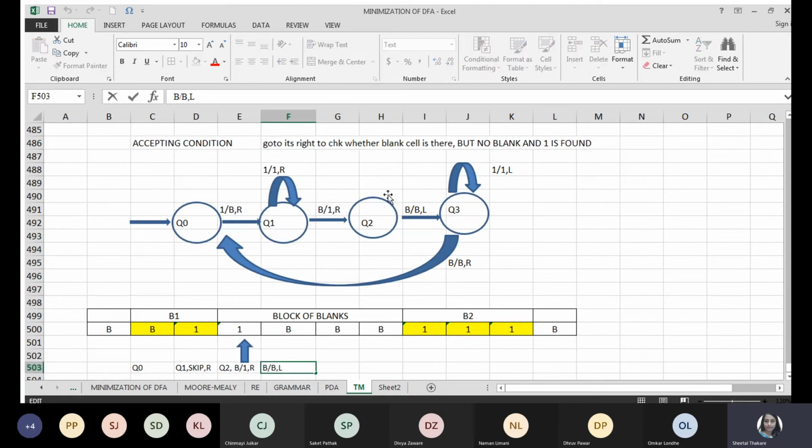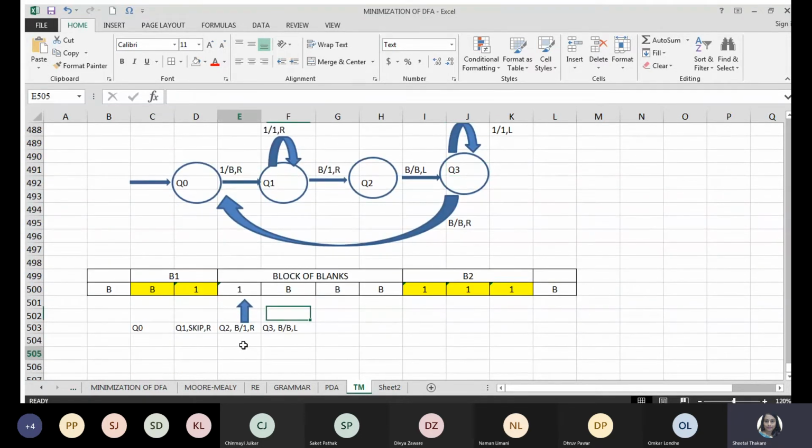When you say this, you are in Q3. In Q3, from Q2, B is kept as B. You are moving to left, you are in Q3. So left में you encountered 1. So in Q3, now pass 2.